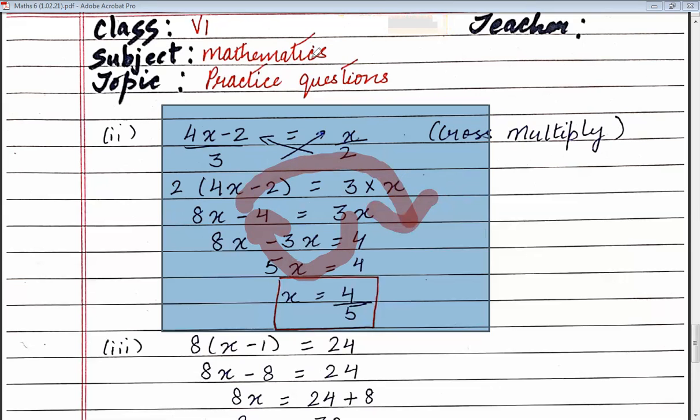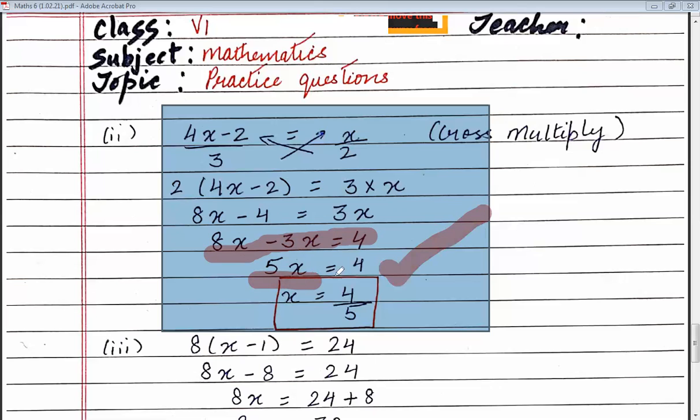Okay, so now after transposing these two things, you will get 8x minus 3x is equal to 4. Now the numerical coefficients will be subtracted. So 8 minus 3, 5x. So your answer is 5x is equal to 4.